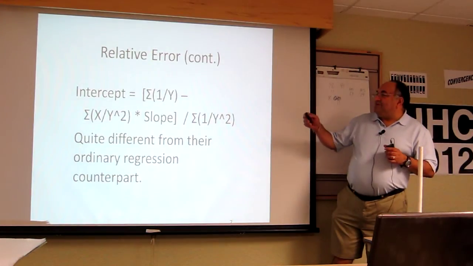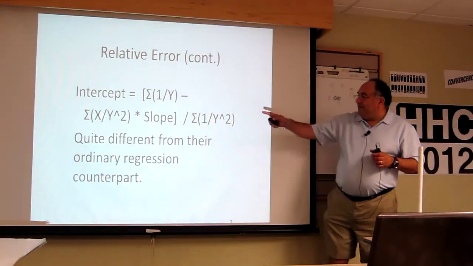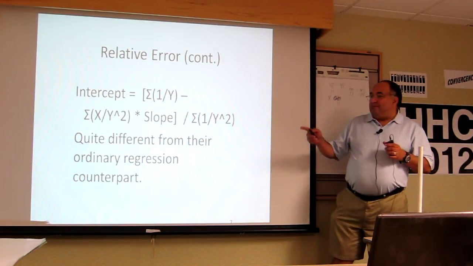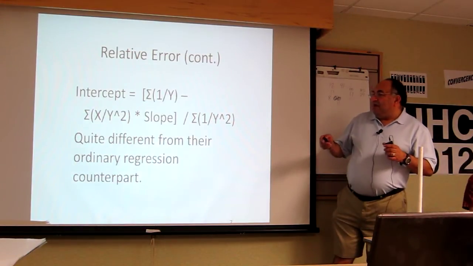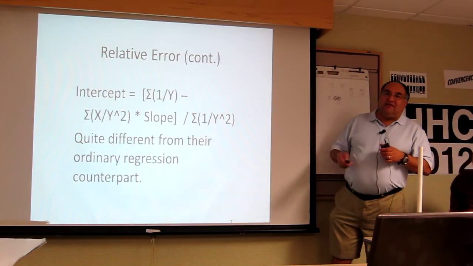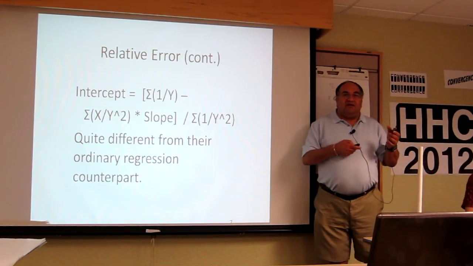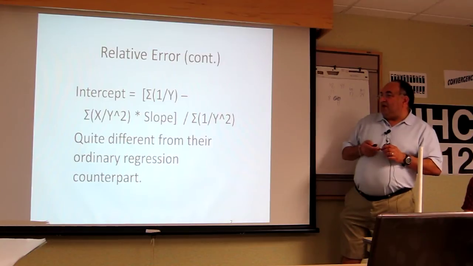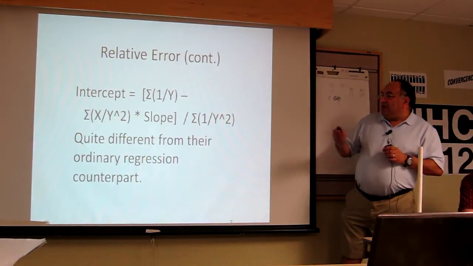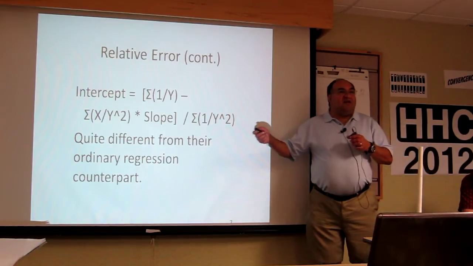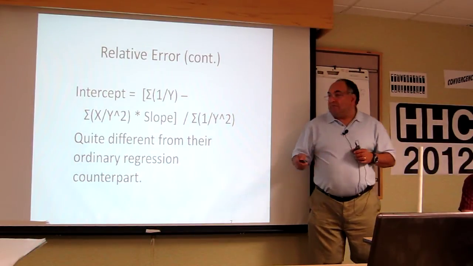The intercept is a little bit better, but not by much. So when we look at these, and if some of you remember the equations for the regular ordinary regression, you can see that there's quite some difference between relative error and the ordinary regression counterpart equations.